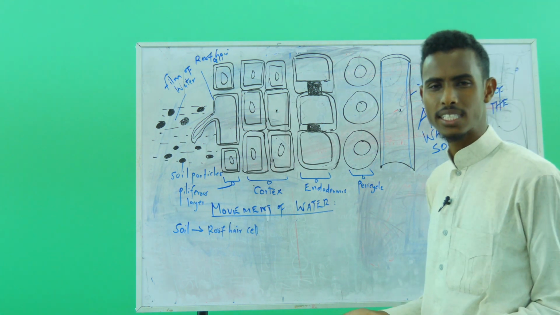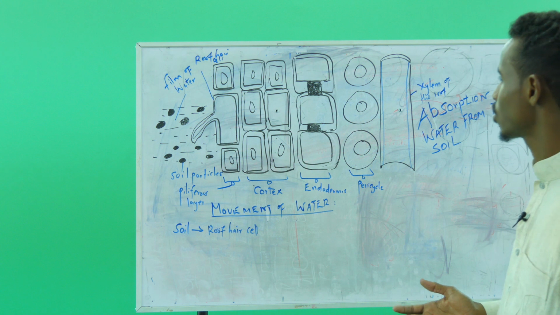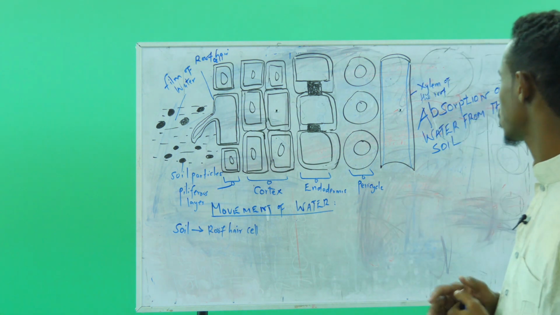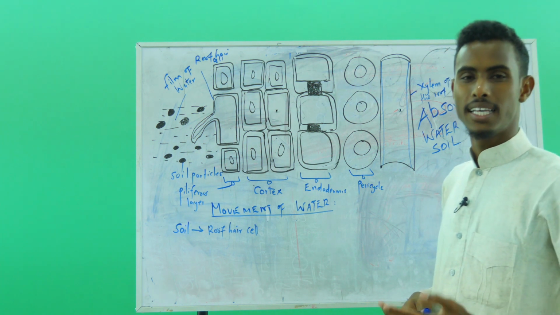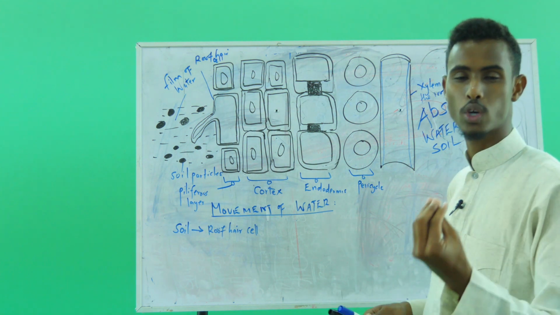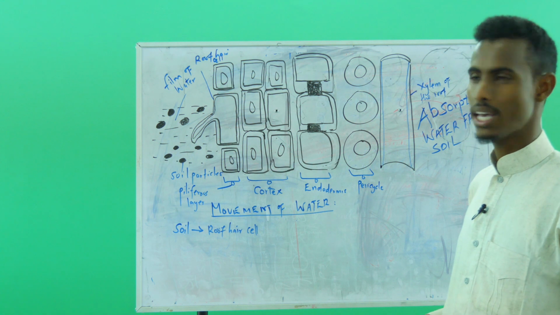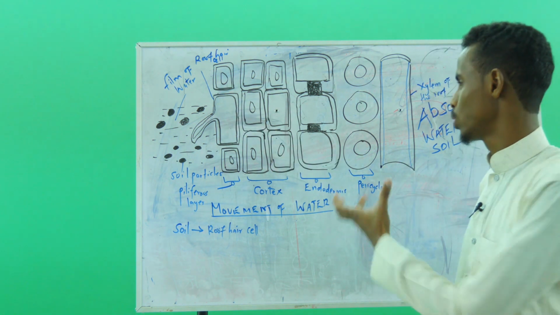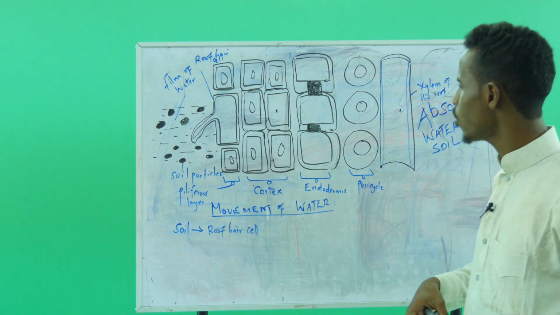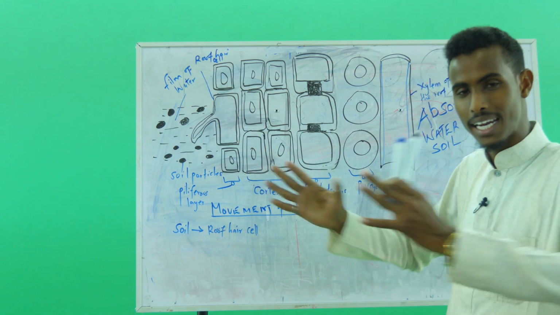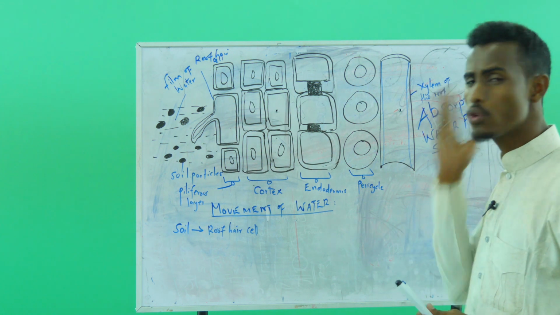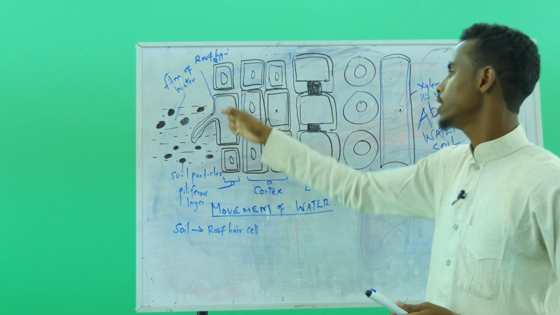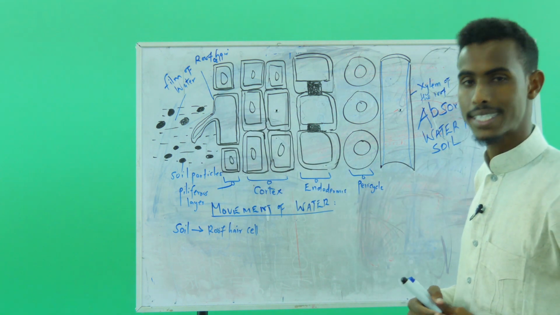Class, if you are asked an essay question requiring a description of the process of water absorption from the soil, you state the higher concentration of water molecules in the soil as compared to the cell sap of the root hair cell. Since the cell sap of the root hair cell is highly concentrated, through osmosis water molecules will be absorbed from the soil into the root hair cells.